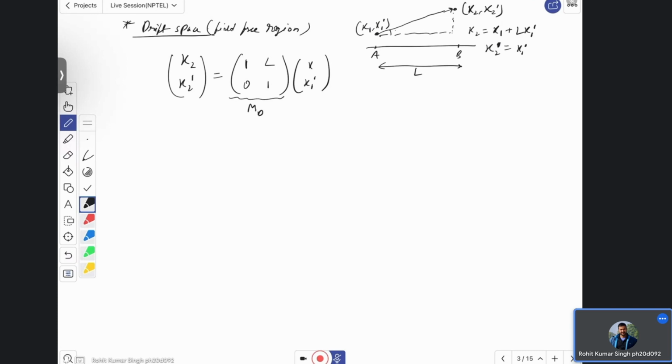Okay. But now, if there is a particle in a quadrupole field, then let's see what will happen.